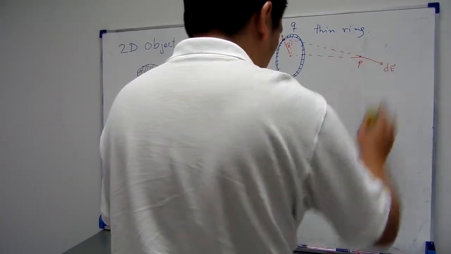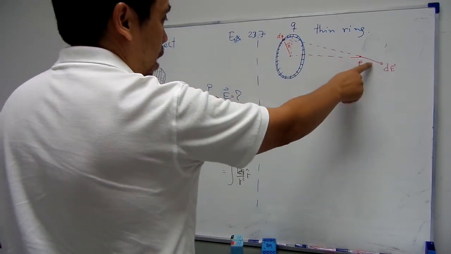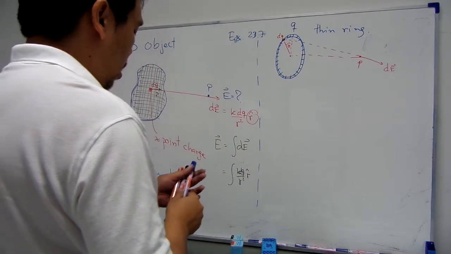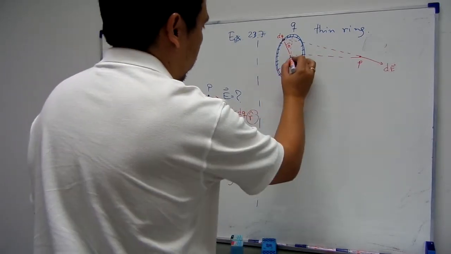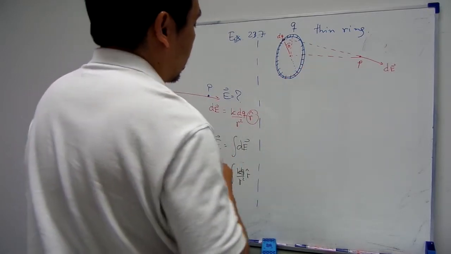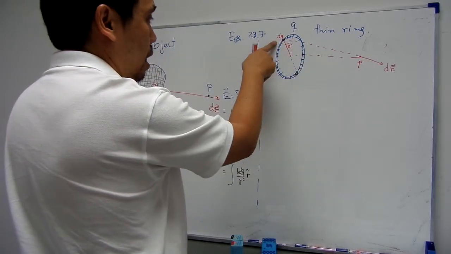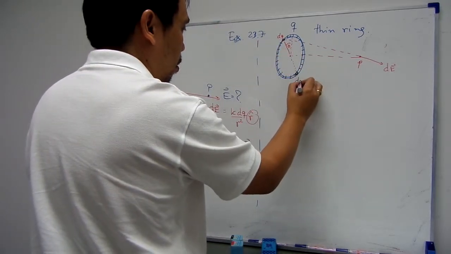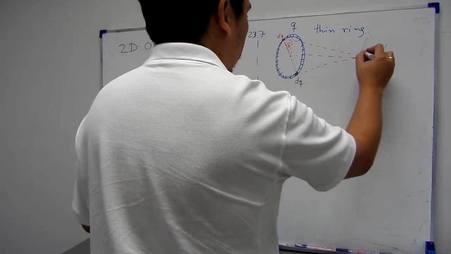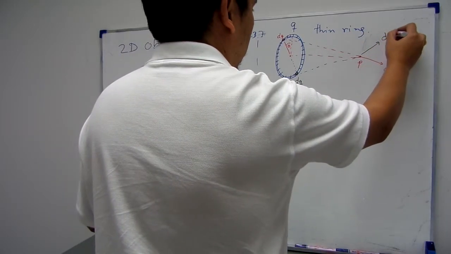From the symmetry of our problem, if you look at the dq here, you will have the dE of this dq like this. But we have another dq that lies at the opposite point from this dq, the black dq, and we will have the dE like this.